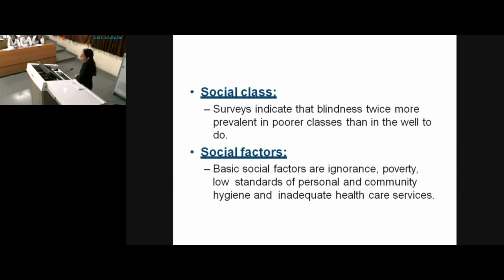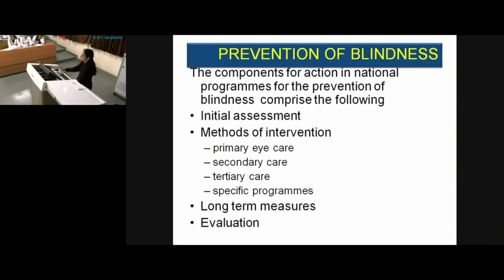Social class: blindness prevalence is twice as common in poor classes than in the well-to-do class. Social factors responsible are ignorance, poverty, low standard of personal and community hygiene, and inadequate health care services. How can we prevent? There are national programs for the prevention of blindness, which comprise the following.